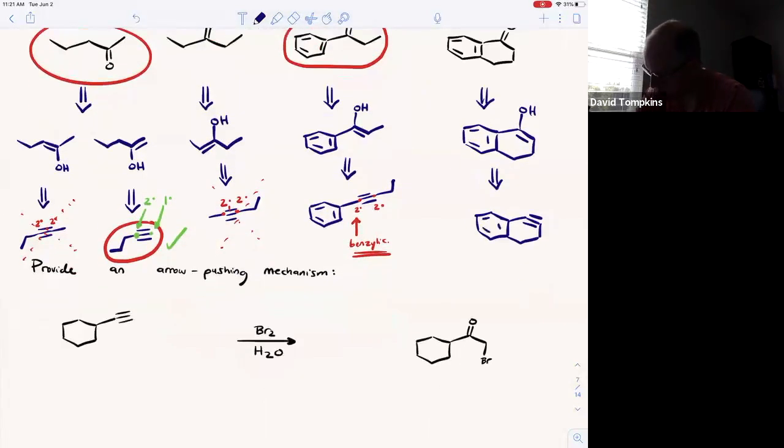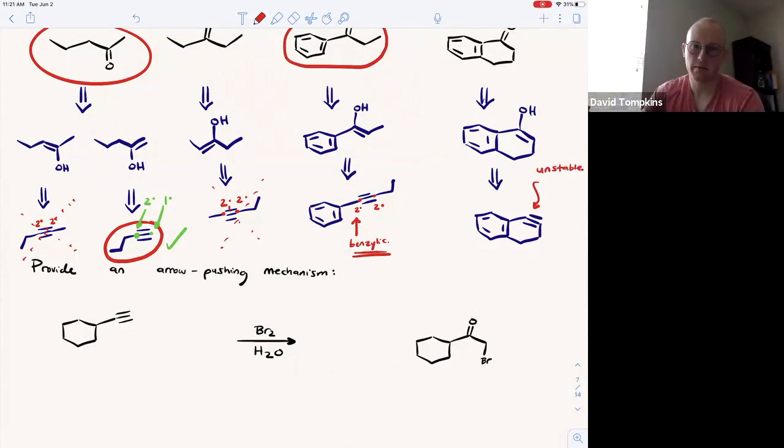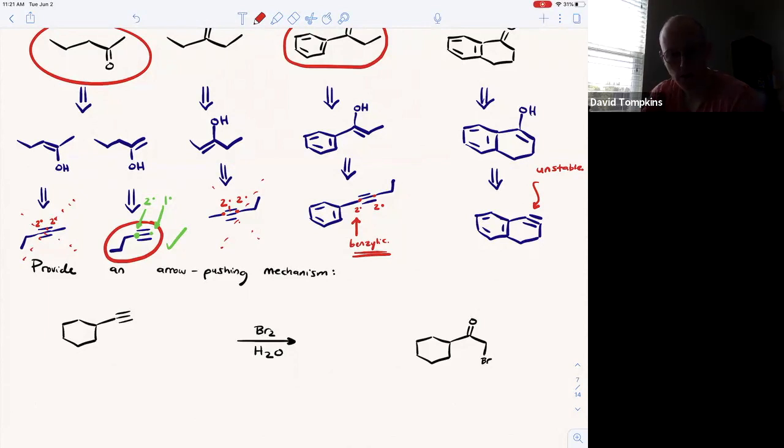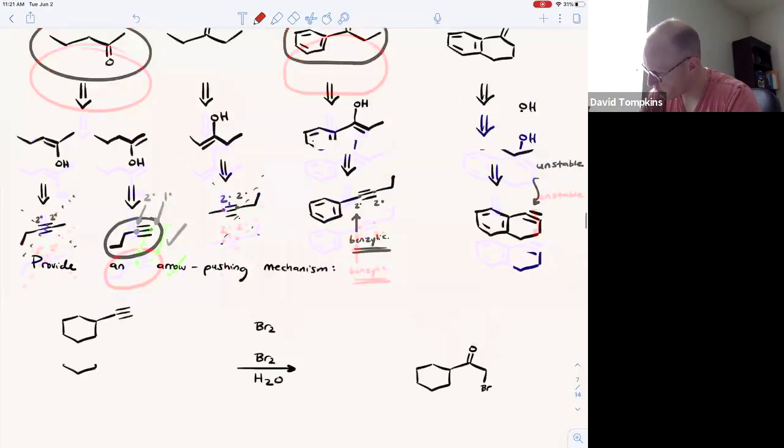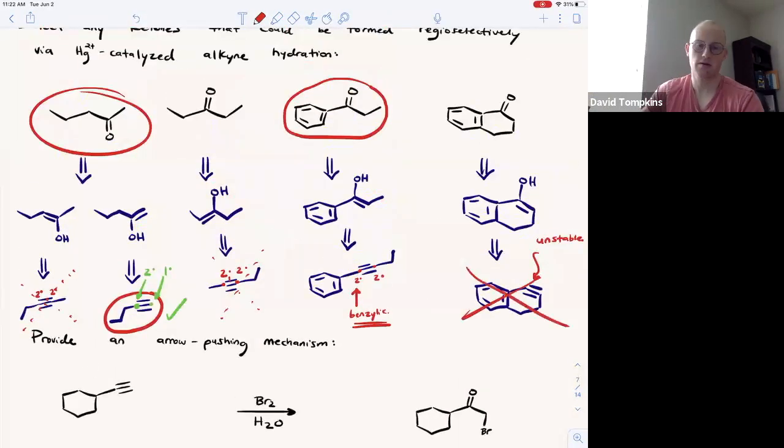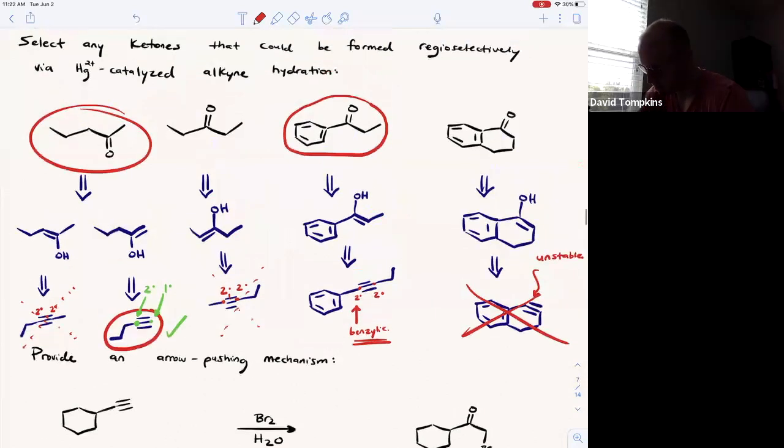This is called a cycloalkyne, and this is too unstable to be isolable at room temperature unless the ring is 9 members or larger. 6-membered rings do not form stable alkynes at room temperature. So this one is not possible because the starting material does not exist. Okay.